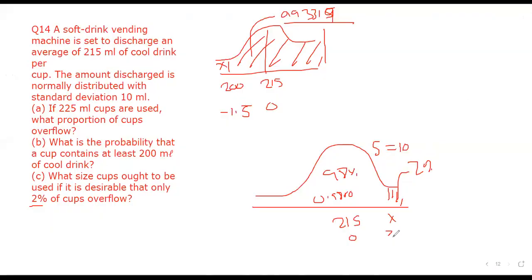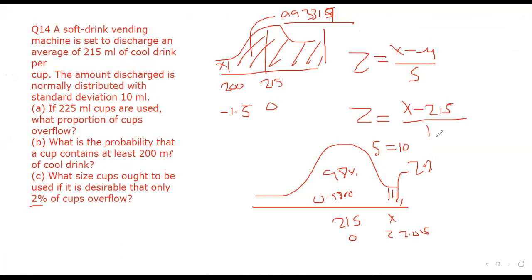So here Z is 2.05. Using Z equal to X minus mu over standard deviation, here we're going to have our X we are looking for, here we're going to have 215, and here we're going to look at our standard deviation, which is 10. Then cross multiply. That's how you find the value of X.